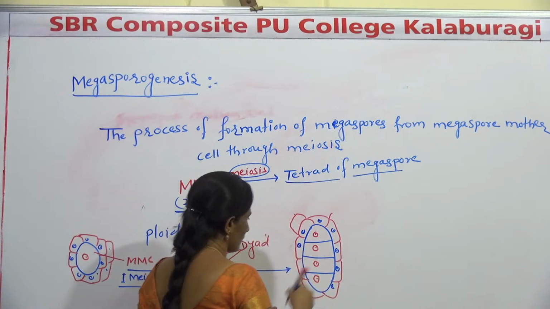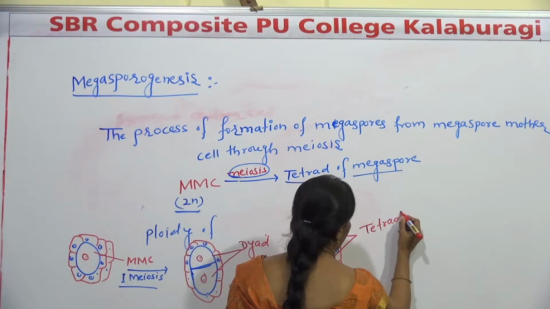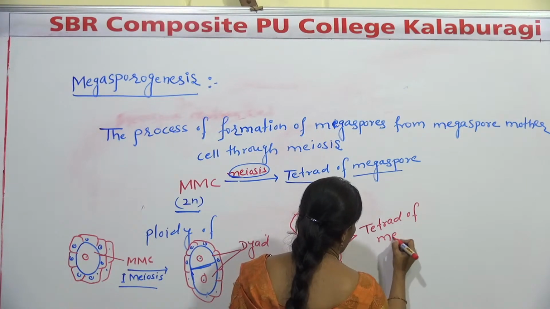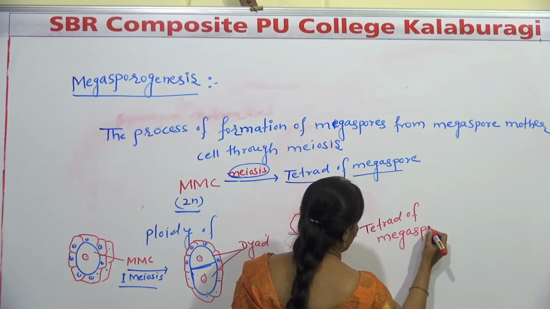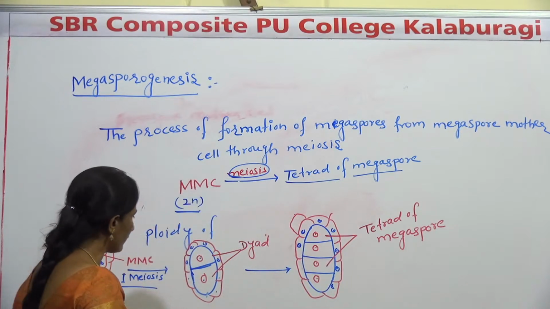So these are the tetrad of megaspores. Is it clear?